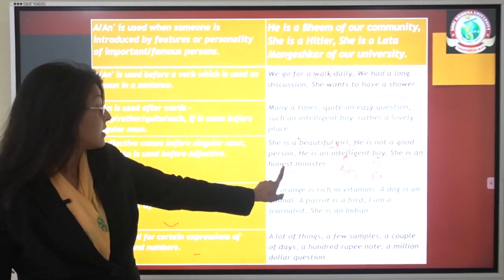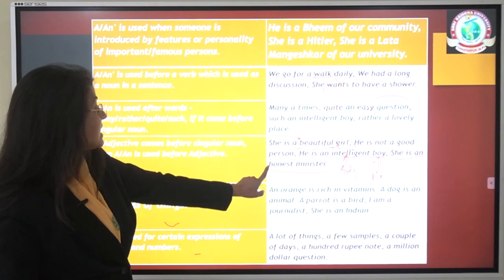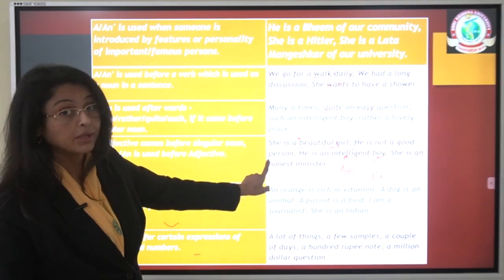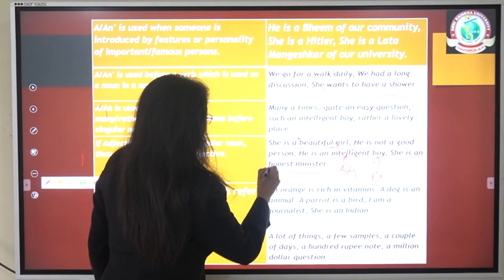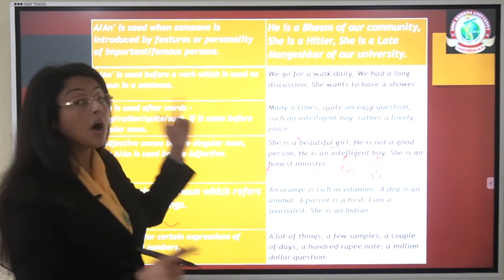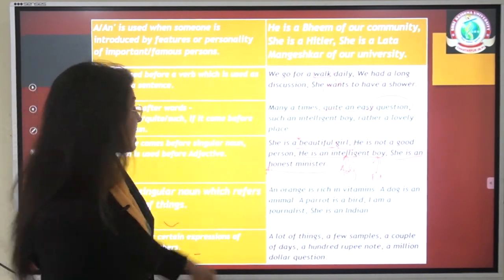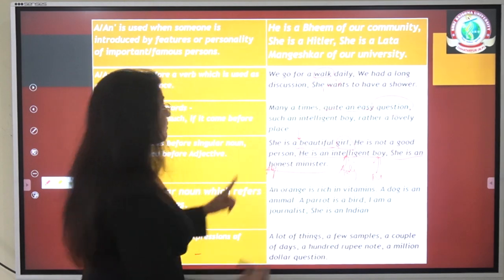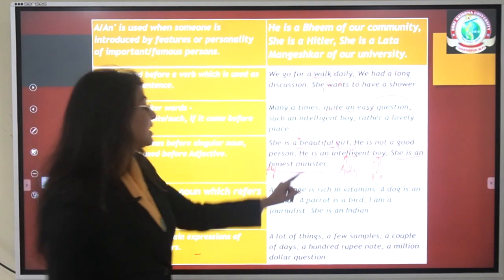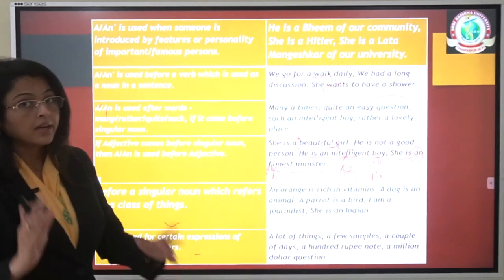Honest again is an adjective, but it is having the consonant H. However, H is silent here and the beginning sound is O. So we are not saying honest with an H sound, we are saying 'onest, and hence the article AN is used.